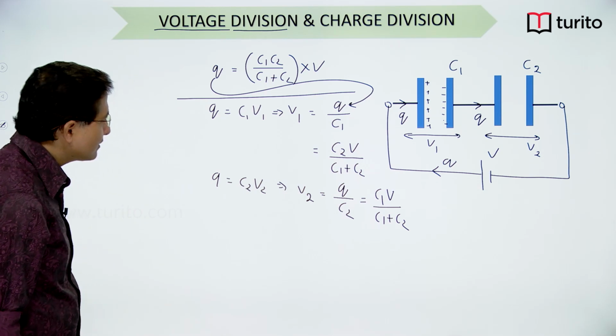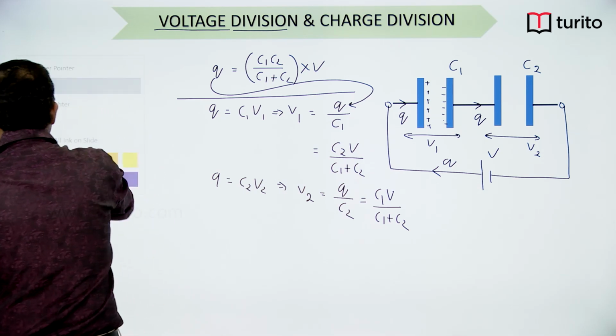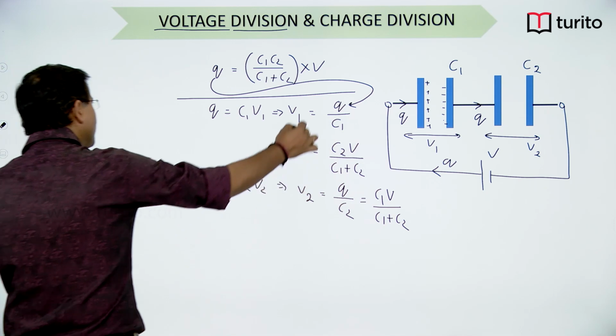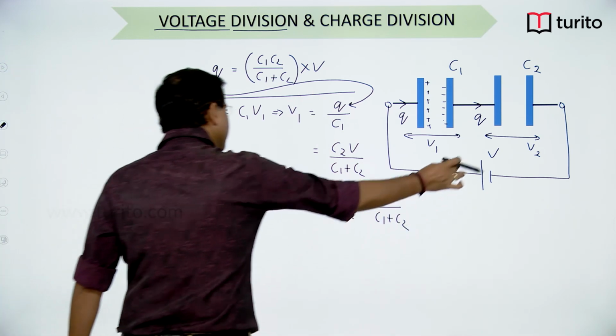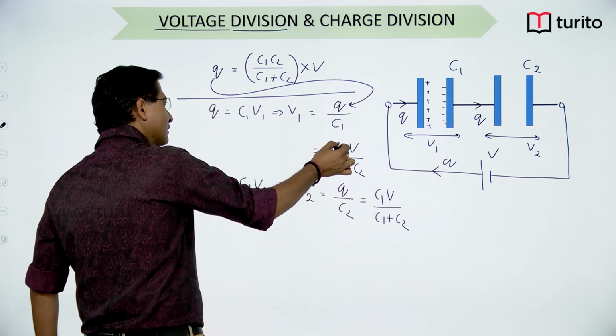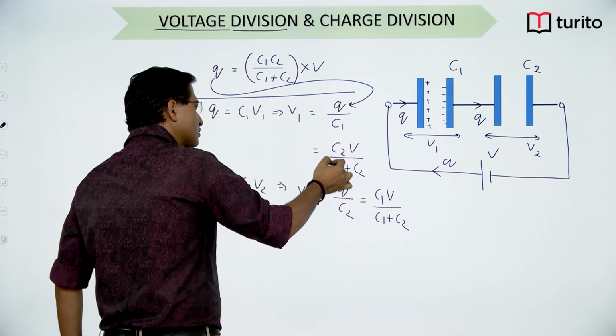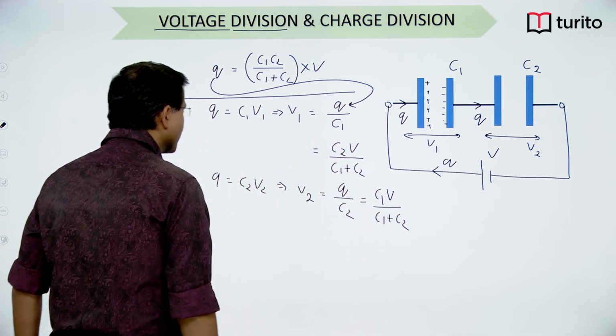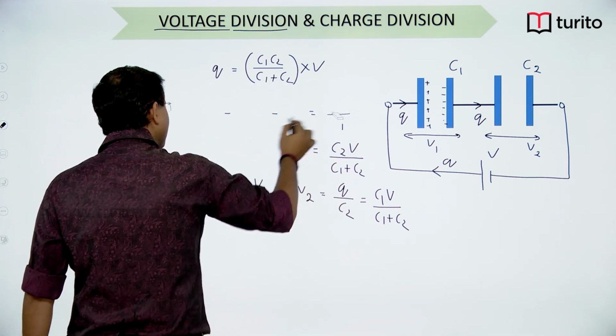So, here you can see what is happening. We are dividing voltage V into two parts. One is this one, another is this one, right. So, separately I will write.